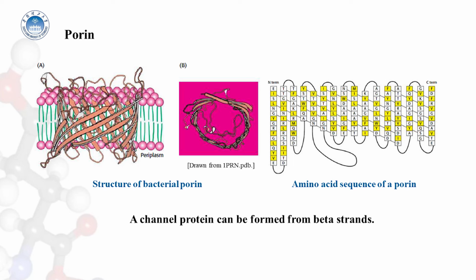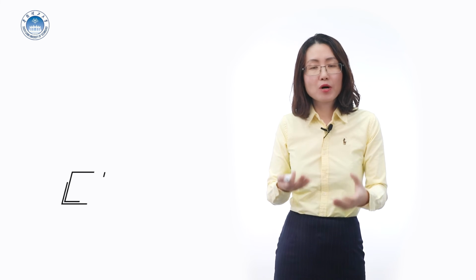Each strand is hydrogen bonded to its neighbor in an antiparallel arrangement, forming a single beta sheet. This arrangement of nonpolar and polar surfaces is accomplished by the alternation of hydrophobic and hydrophilic amino acids along each beta strand.